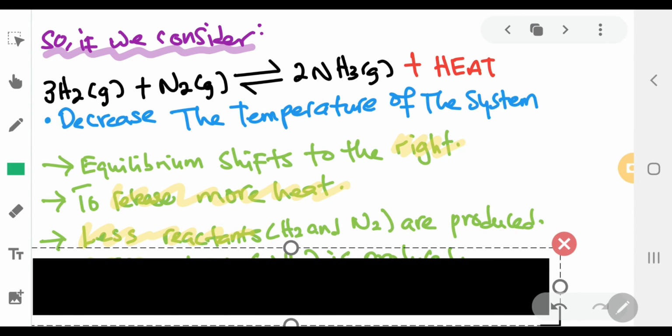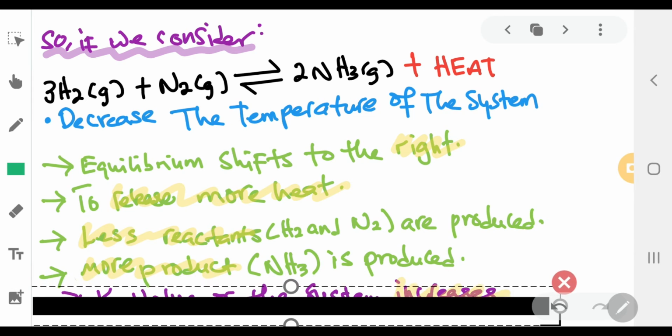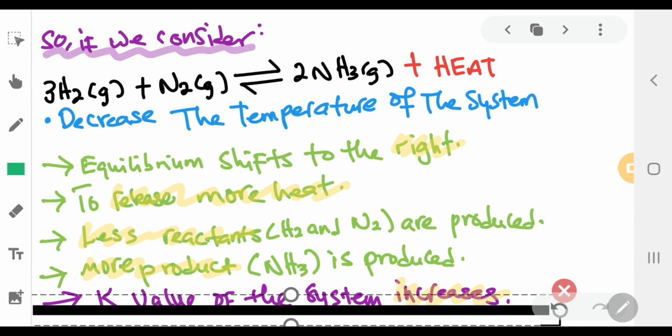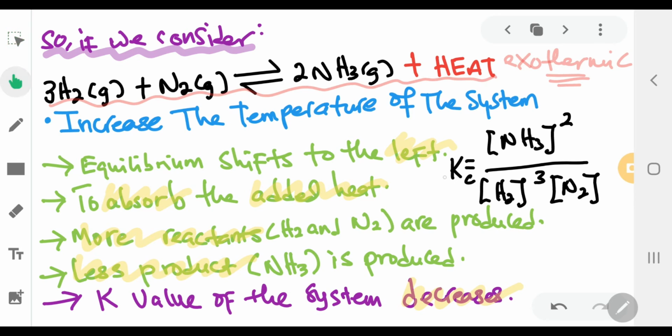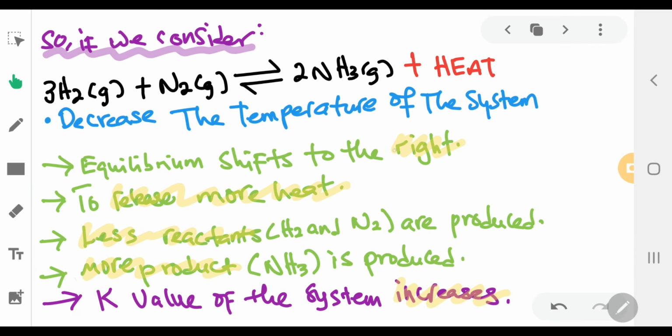Fewer reactants will be formed and more products will be produced, and the K value of the system will increase. If we go back to the K expression here, if you have more product now and fewer reactants, of course your K value will be bigger in the case of decreasing temperature.